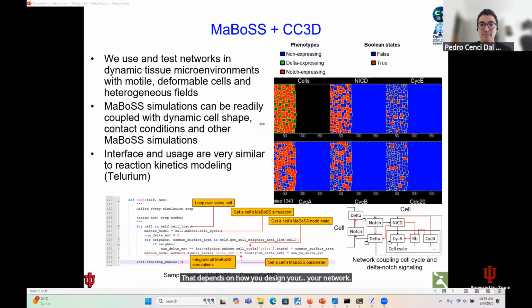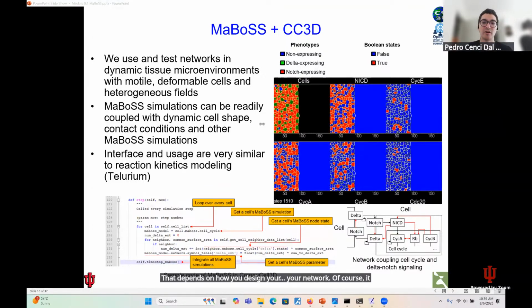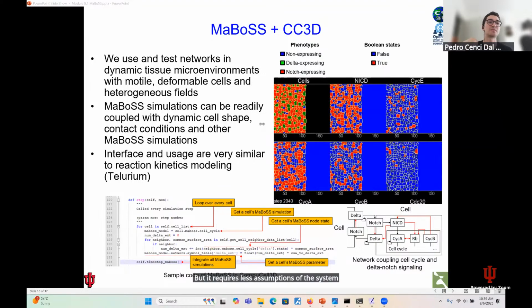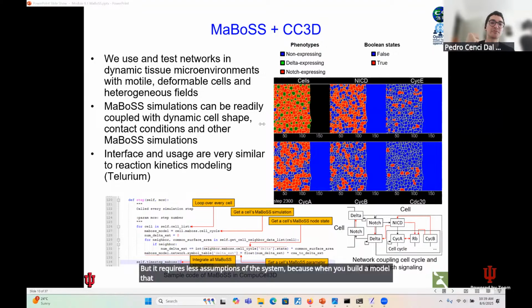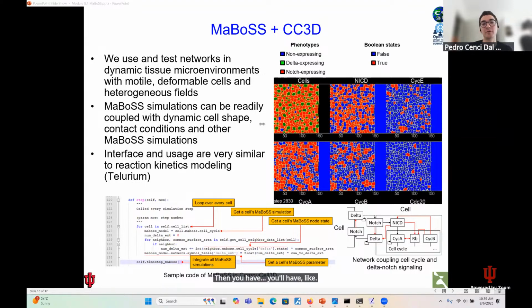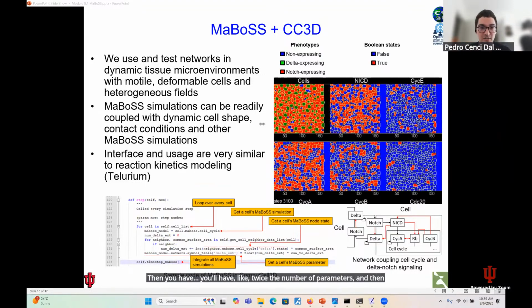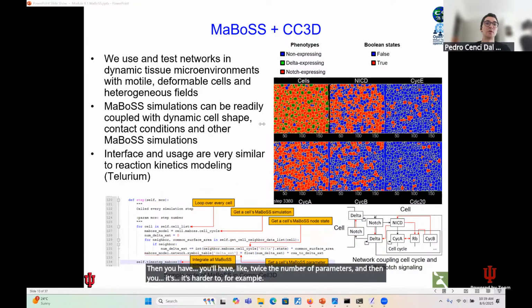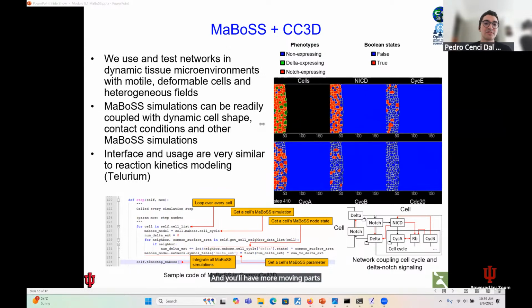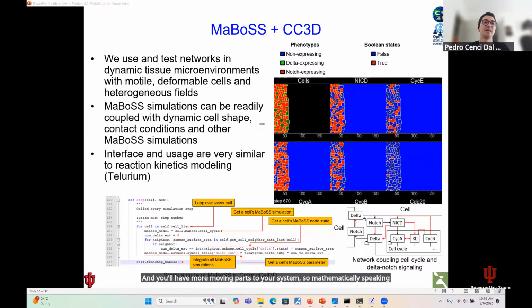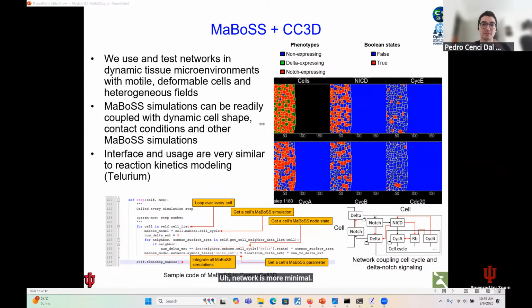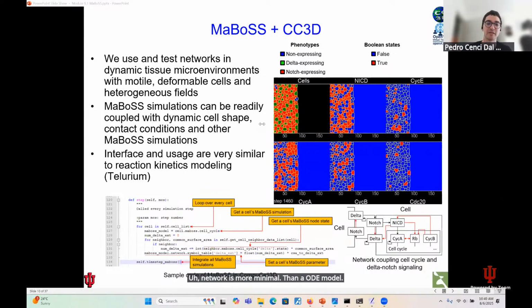Of course, it does not solve the problem of missing data, but it requires fewer assumptions of the system, because when you build a model that has the levels of these molecules, then you have twice the number of parameters, and then it's harder to, for example, do a parameter scan, and you have more moving parts to your system. So mathematically speaking, a MaBoSS network is more minimal than an ODE model, if that makes sense.